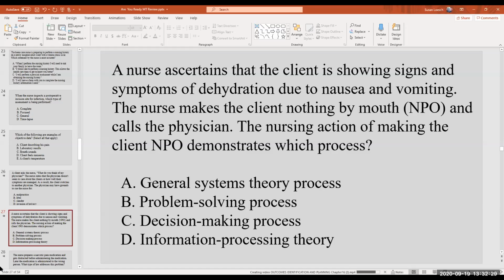So for the problem solving process, let's talk about that a little bit. We use a problem-solving approach.